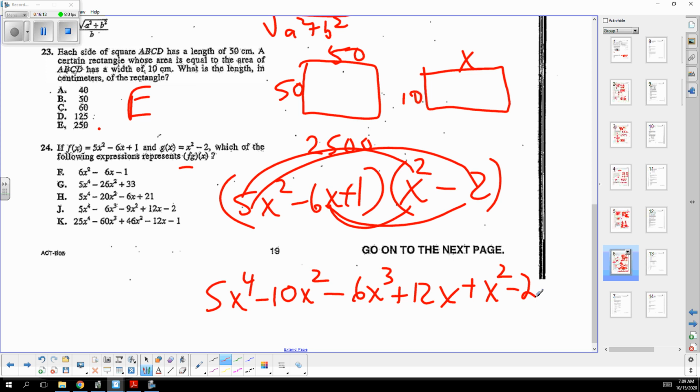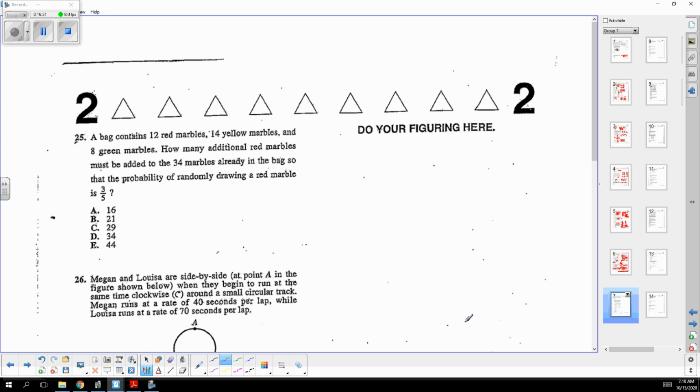Put them all together, you get 5x to the fourth minus 6x cubed minus 9x squared plus 12x minus 2. Watch out for that. That is not composition. That is straight multiply.